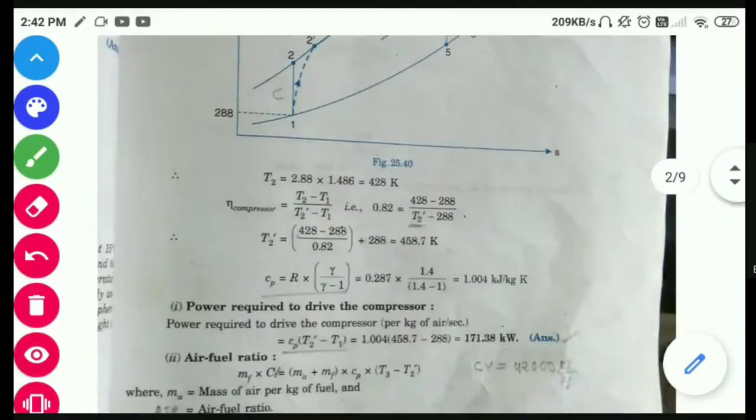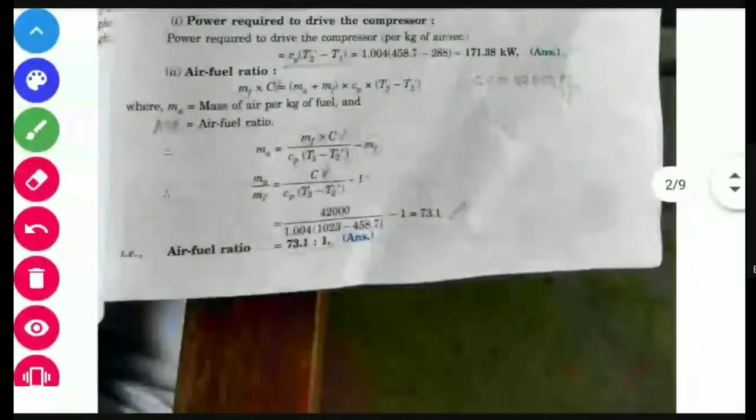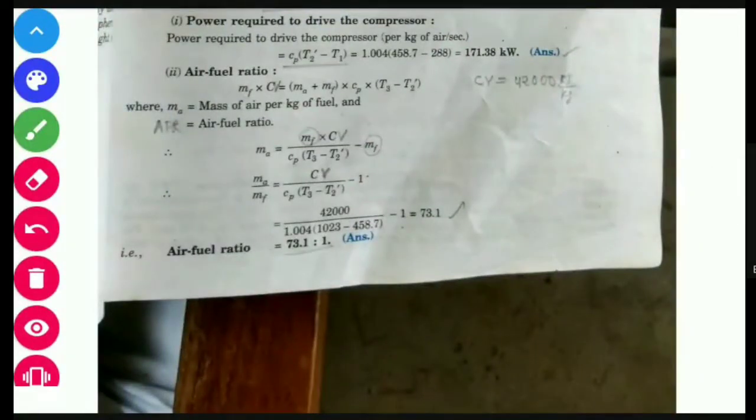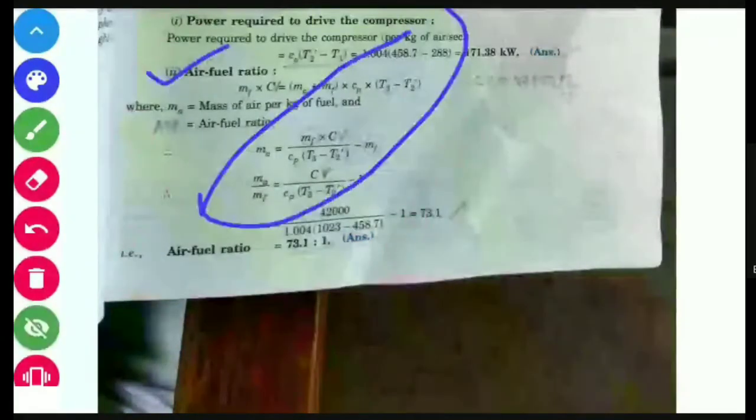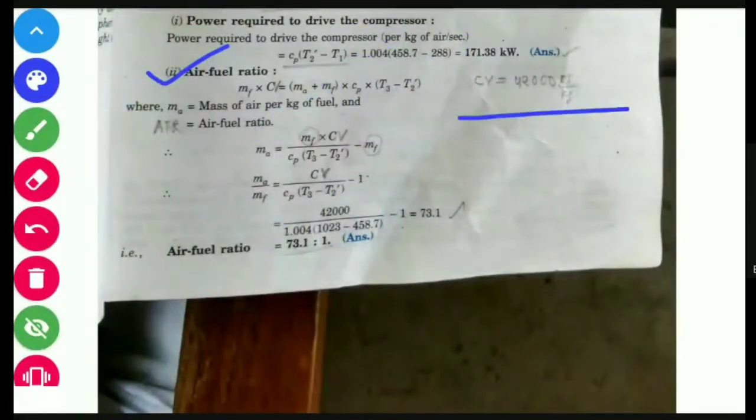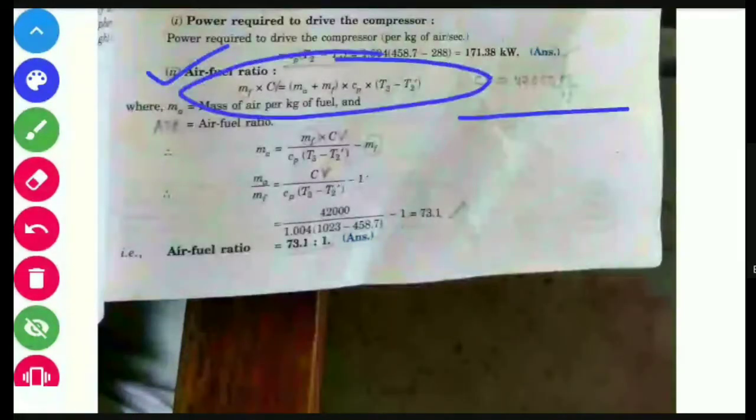Here Ma plus Mf is the mass of air plus fuel, since to produce the gas you have to give both. CV is 42,000 kilojoule per kg. I'm taking the same equation here.